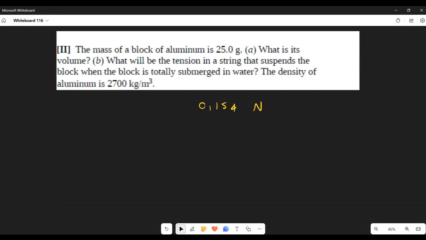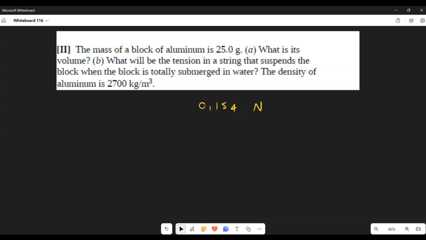The volume is, what was that again? Just give me a second. The volume is, what's the rest?